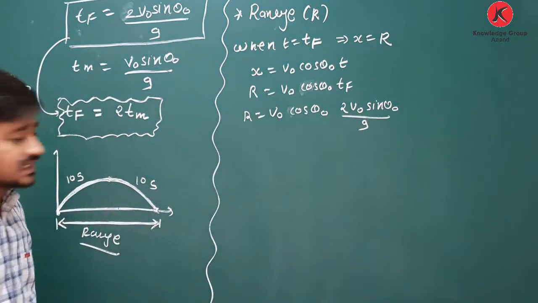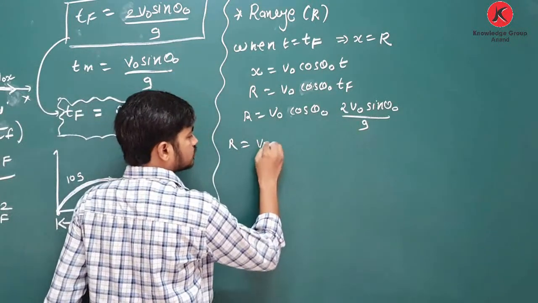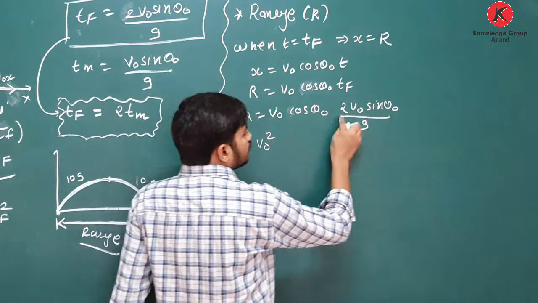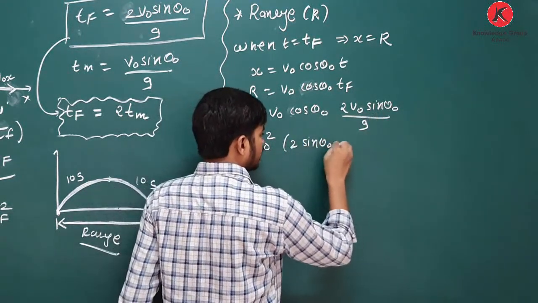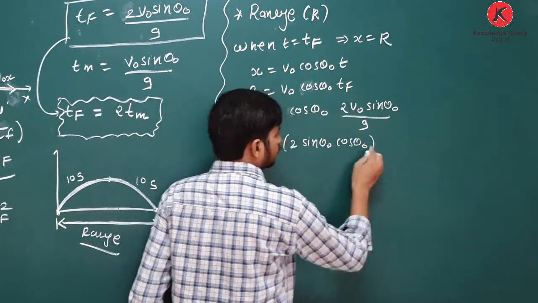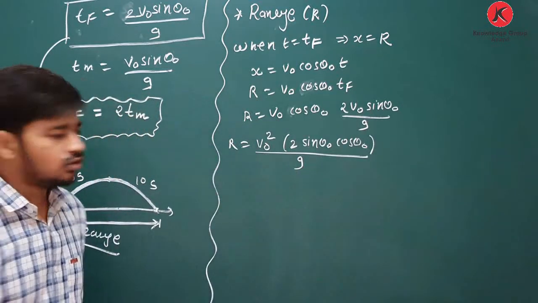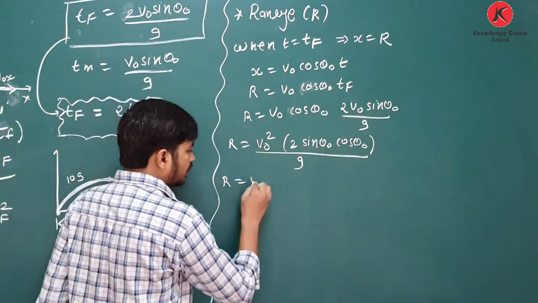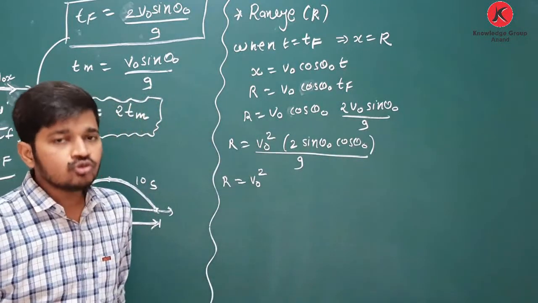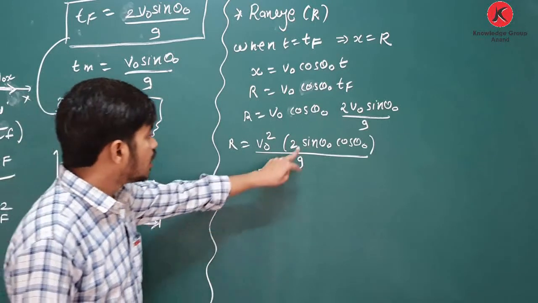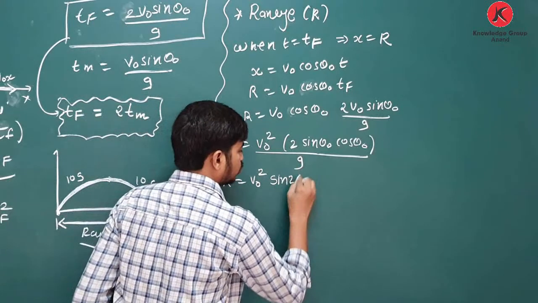Now we will rearrange this. See how to rearrange. R is equal to v0 square, cos theta 0 sin theta 0. I will write this equation as 2 sin theta 0 cos theta 0 divided by g. So R is equal to v0 square, 2 sin theta cos theta. You have to remember one transformation: 2 sin theta cos theta is sin 2 theta.